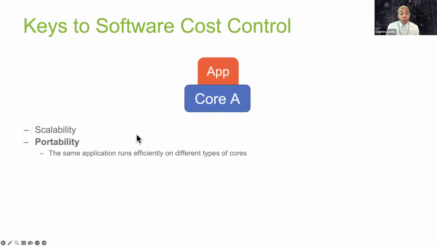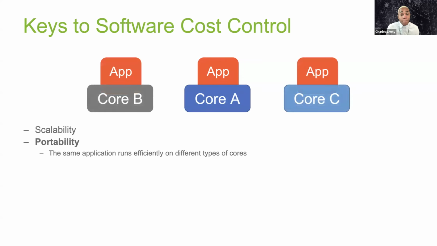So what we're going to be focusing on is understanding scalability and portability, how those applications can run on different cores, and figuring out how to integrate those heterogeneous components as well. If you have an application running on different cores, you want to make sure that it can make use of those cores efficiently.